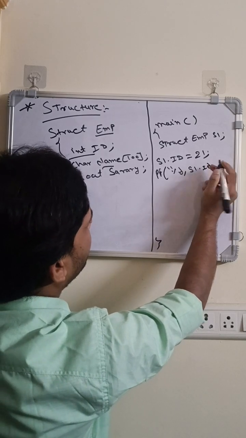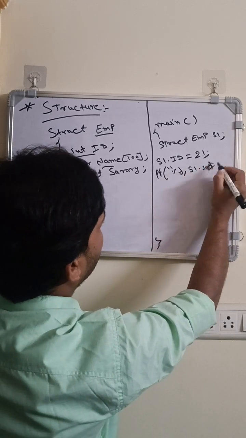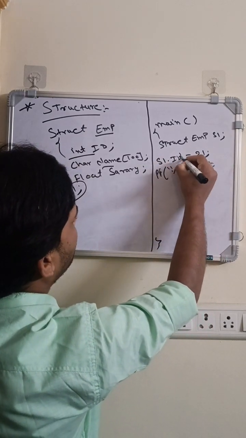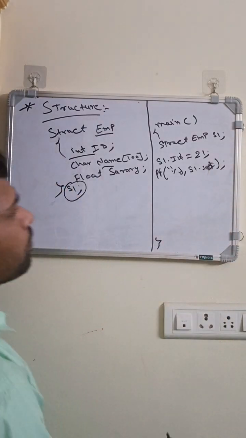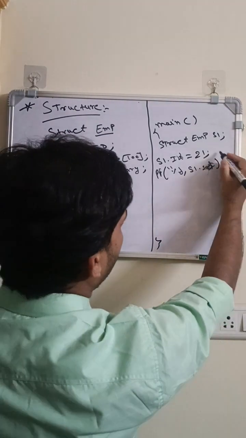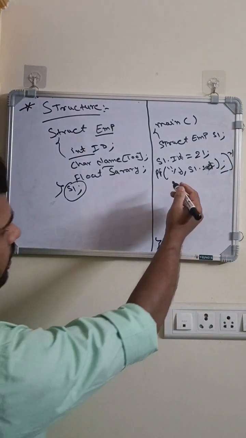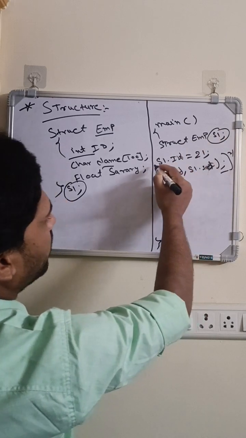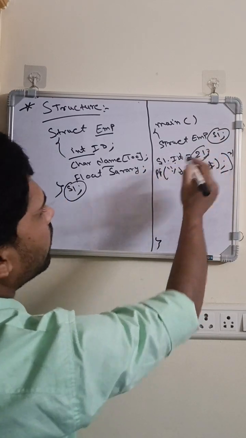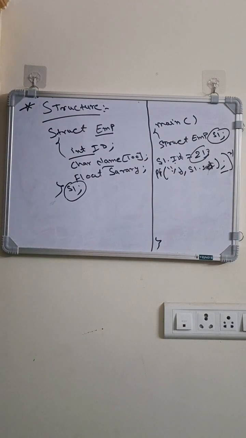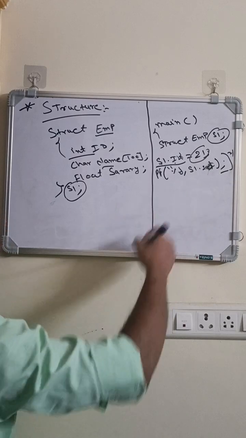Then the output should become 21, because we are using the variable s1 and initializing 21 as the id number. So here we are accessing it, and the output will become 21.